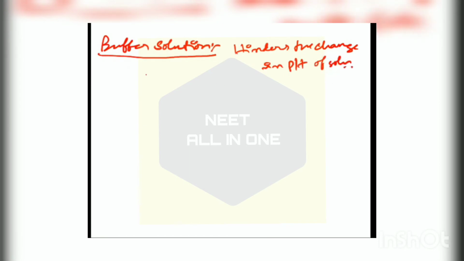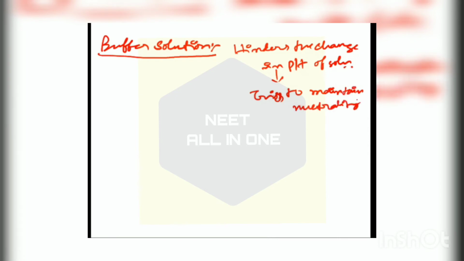That means it always tries to maintain neutrality. Okay, so the solution's pH becomes equal to 7, or nearly or almost equal to 7. So this is called our buffer action.